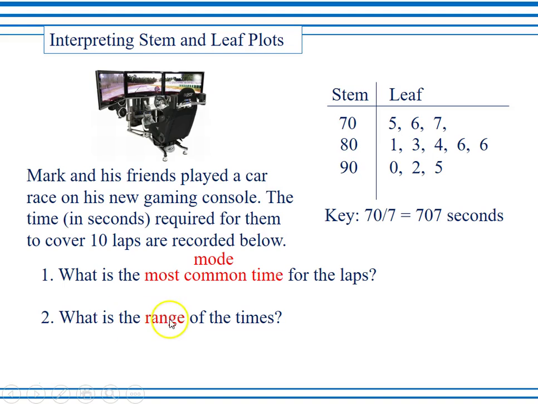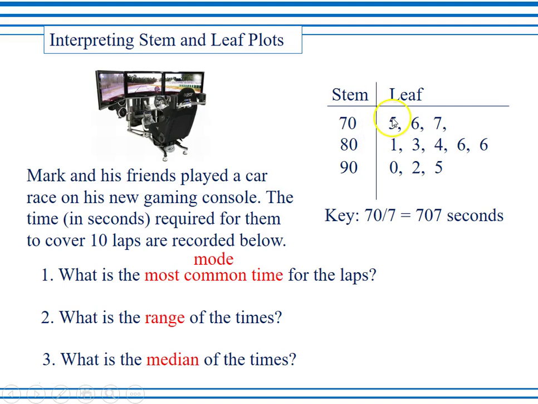Second question, what is the range of the times? And the third, what is the median of the times? Now the median we haven't discussed before. Median is the middle time. So you're going to count in to find the middle time.